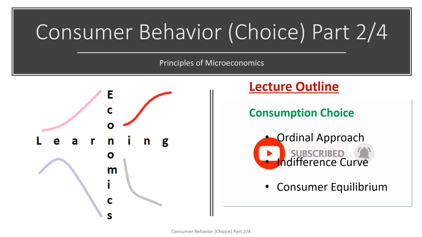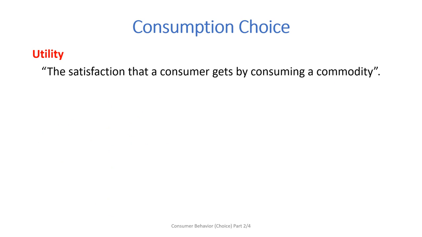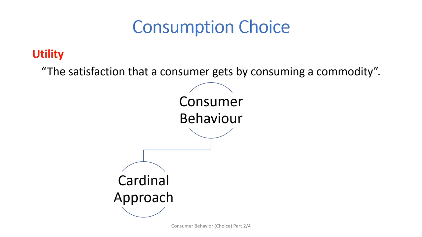Students, in the previous lecture, we discussed that consumers consume different commodities to derive satisfaction from them, and this satisfaction is termed as utility. There are two broader approaches that discuss consumer choice in economics. First is the Cardinal Approach, which we discussed in the last lecture in detail.